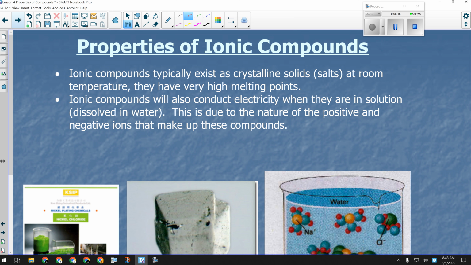When they dissolve, the solution that is made will conduct electricity. And the reason for that is, when you put an ionic compound in water, the ionic bond breaks. So now you've got a negatively charged non-metal floating around, you've got a positively charged metal floating around. Positives and negatives can help to conduct electricity.